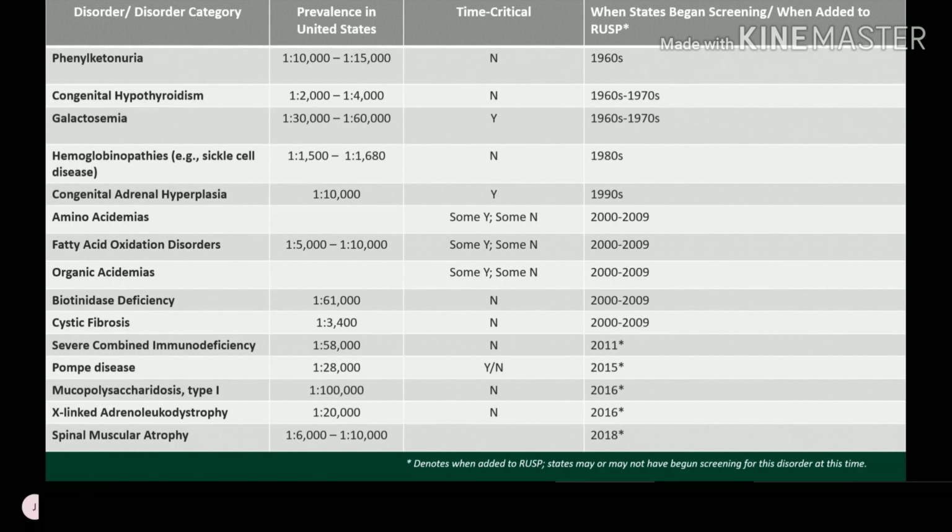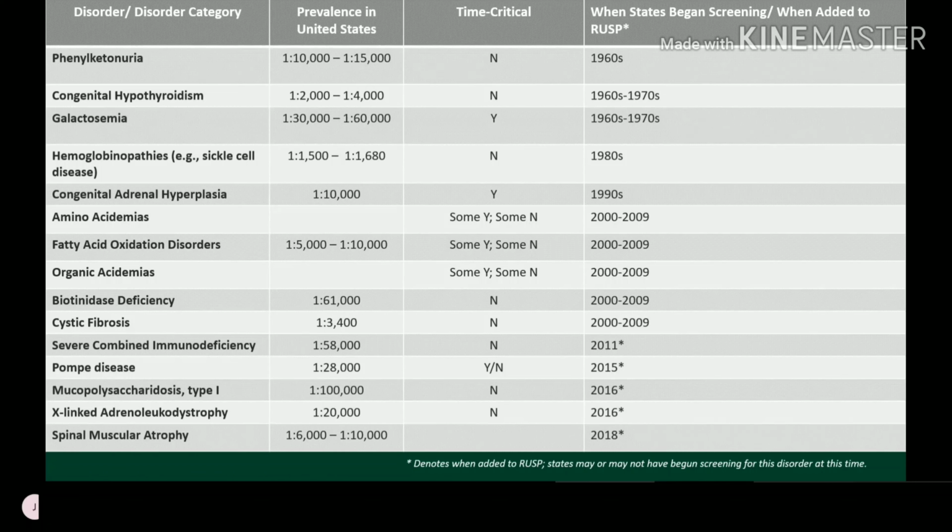The second big takeaway is that there is a range of severity of the disorders screened for by newborn screening. Programs will typically define these disorders into 2 buckets, the first being time critical and the second being time sensitive. Time-critical disorders are those that may present acutely in the immediate newborn period, and thus it's really important for us as newborn screeners to get those results out to primary care providers as soon as possible.